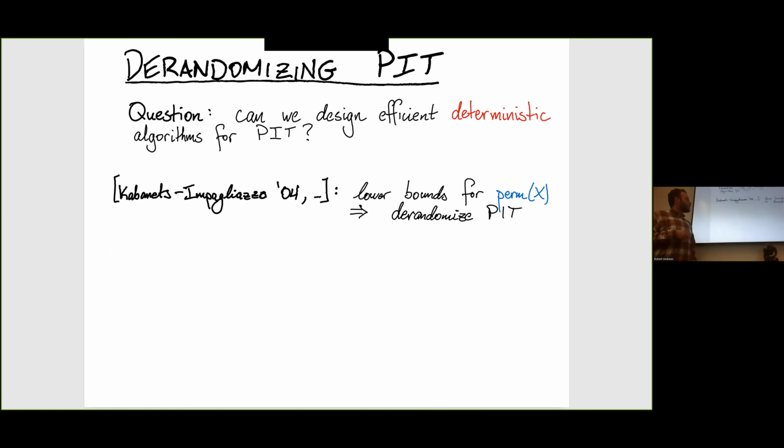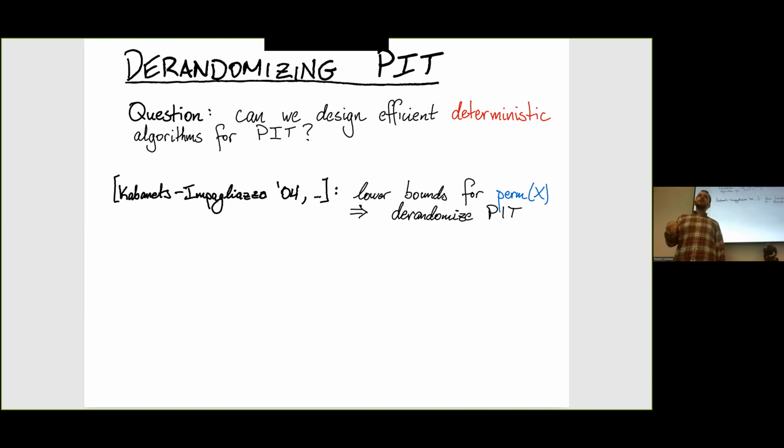But it also turns out this is closely connected to proving lower bounds for algebraic circuits. There's a line of work starting with Kabanets and Impagliazzo from the early 2000s that says, if I can prove lower bounds for algebraic circuits, then I can de-randomize polynomial identity testing. So given a lower bound, I can do something deterministic.